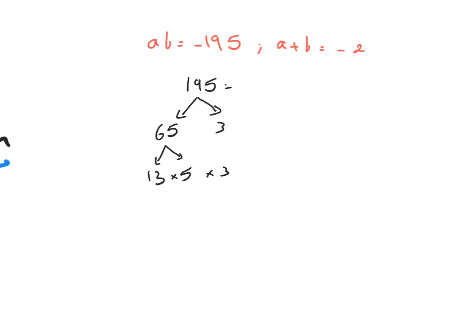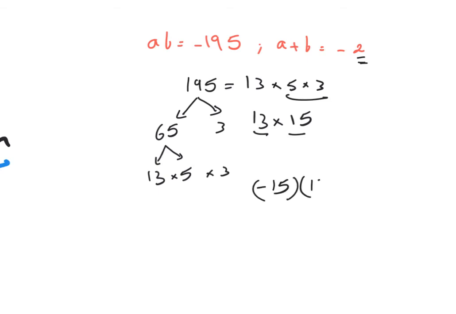And that's going to help us because 5 times 3 gives us 15 here. That's going to be 13 times 15, right? And the difference between 13 and 15 is 2, which is exactly what we need here. So now we can play with the sign. Negative 15 times 13 will be negative 195, and if you add negative 15 to 13, we get negative 2.